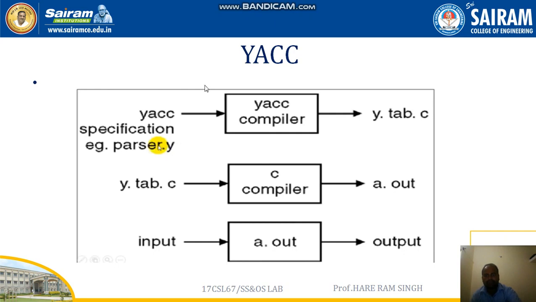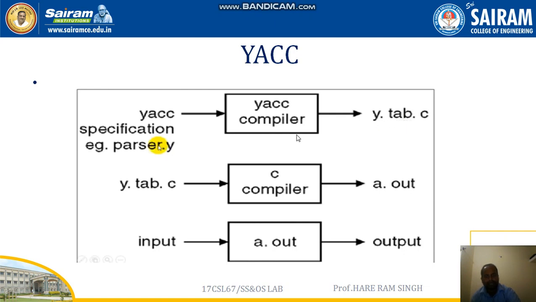Next is the structure of how the program executes. If you write any YACC program, the file name should have the extension .y. Now, if we feed it to the YACC compiler, it will generate a .c file called y.tab.c.